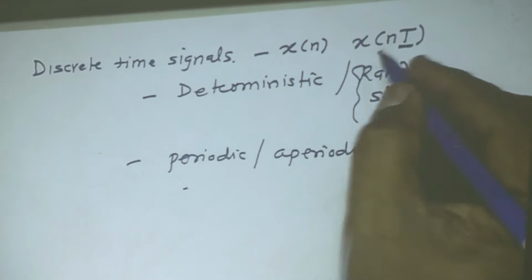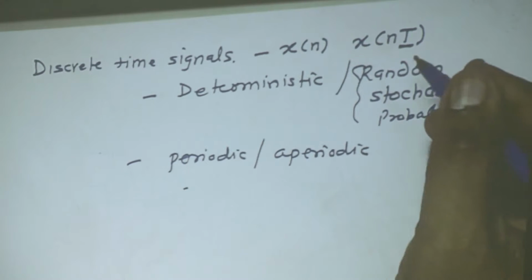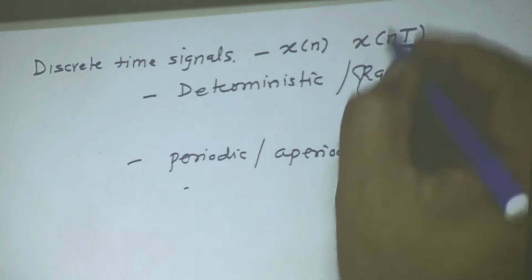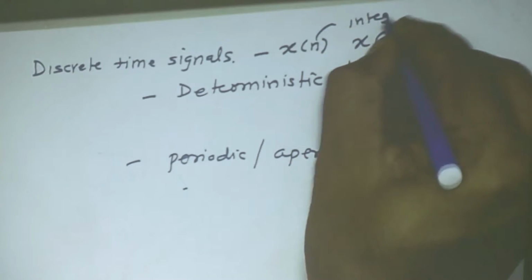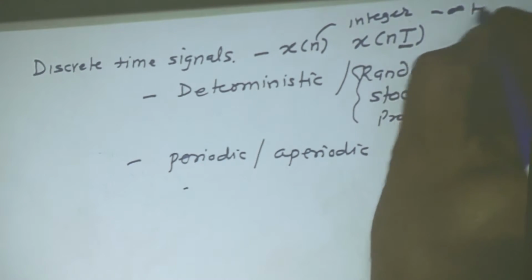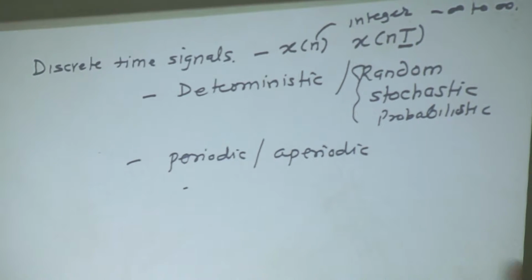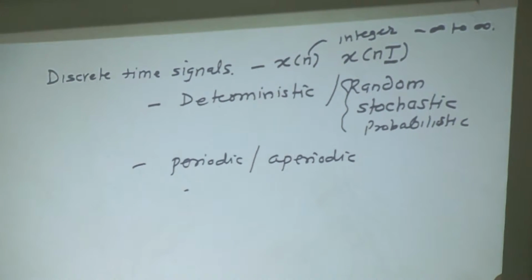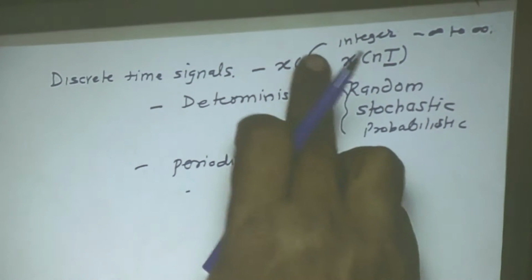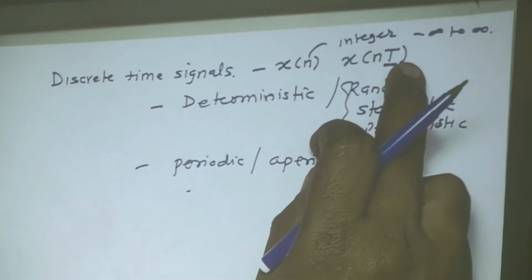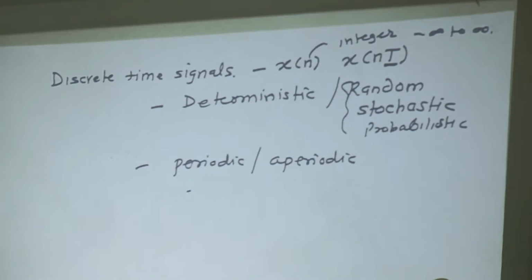So a function of n times a constant can be written as a function of n itself, where n is an integer taking values from minus infinity to plus infinity. So x(n) or x(nT): whenever we want to keep the time significance between the samples, we make use of the symbol x(nT). When we don't want that, it doesn't matter.